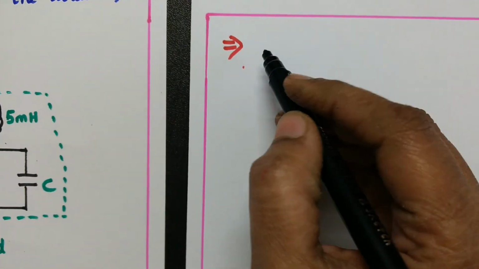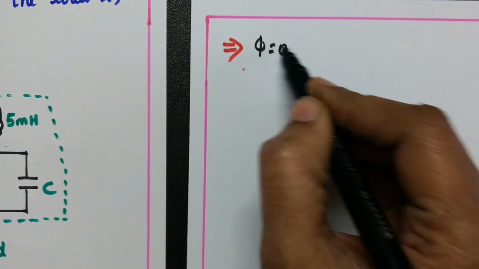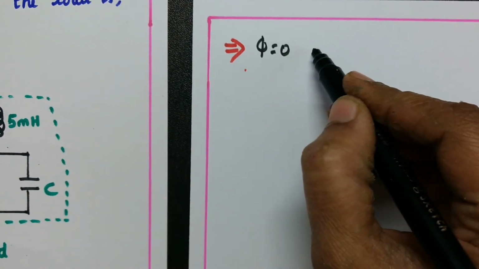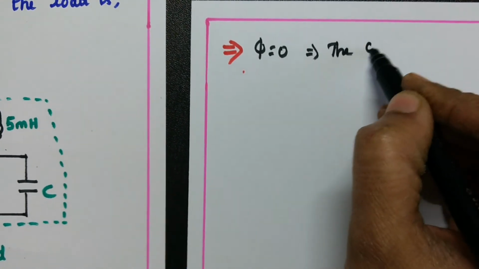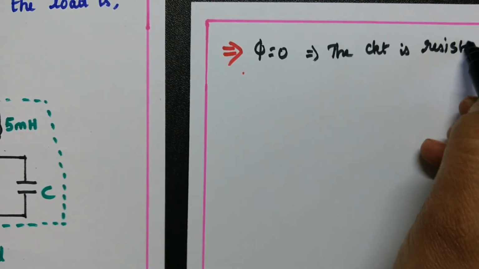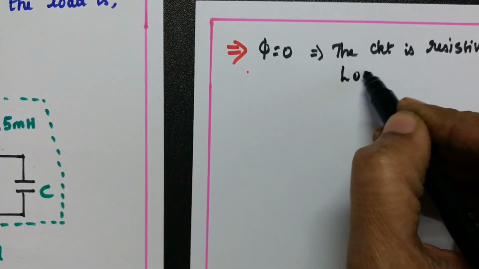Therefore the circuit is resistive. If the circuit is resistive, it means the load is also resistive.